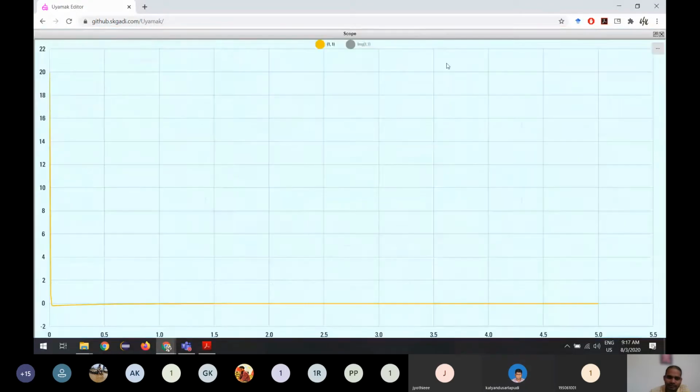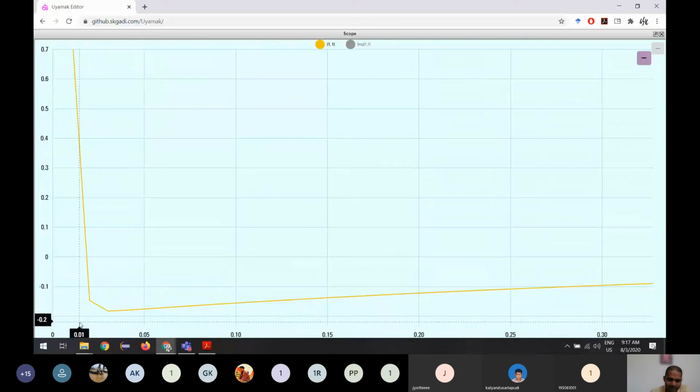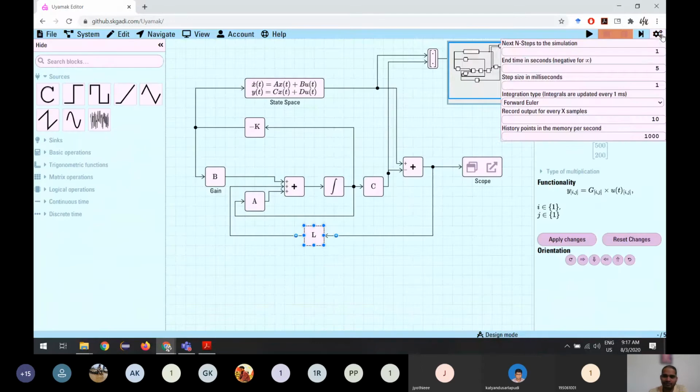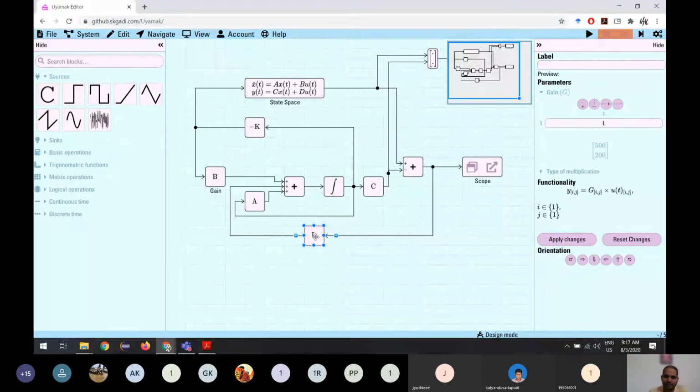Yeah, it's less than 0.5, like 0.25. We can say that it's reaching zero in about 0.25 or 0.3. So the values of L determine how fast, how quickly these converge.